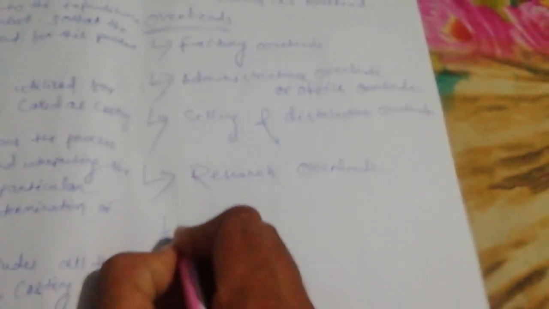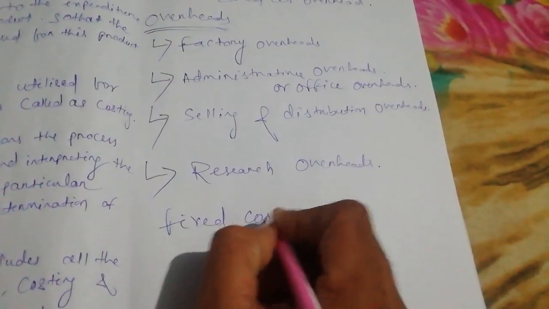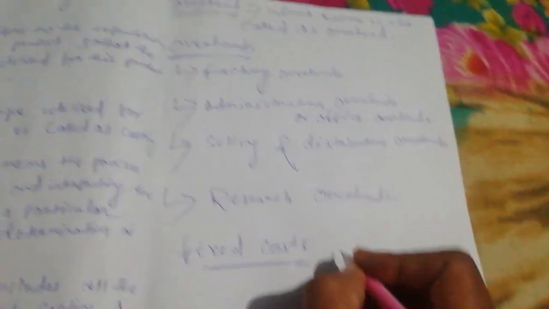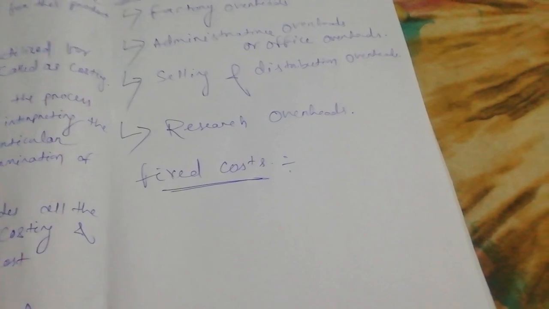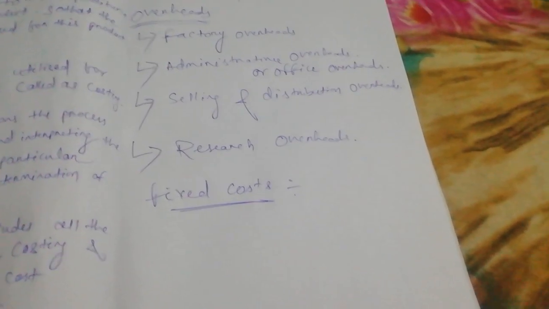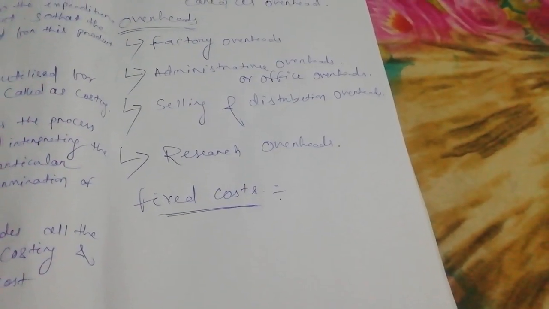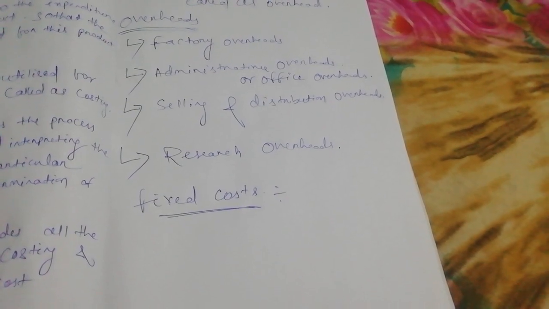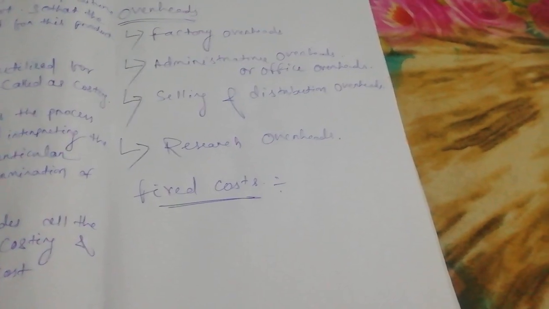Third one is what is fixed cost. Fixed costs are those costs which are to be expended on a fixed basis. Whether production happens or does not happen, it does not depend on fixed cost. In our office, such as office rent, we have to pay rent irrespective of production.